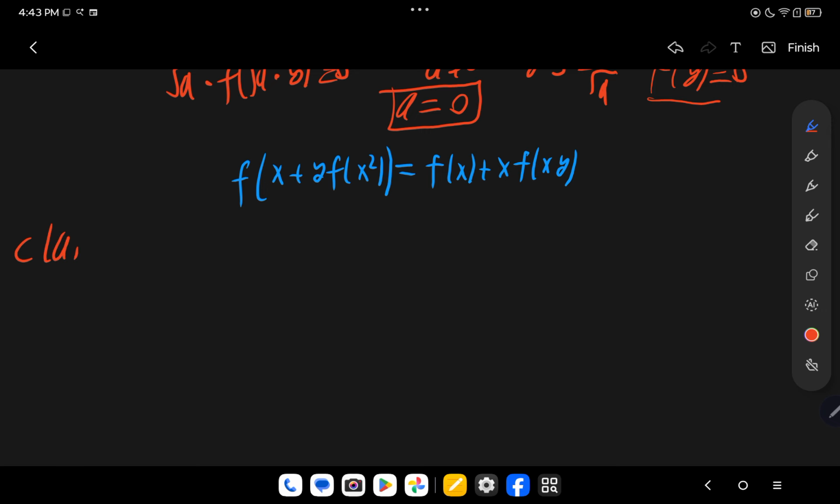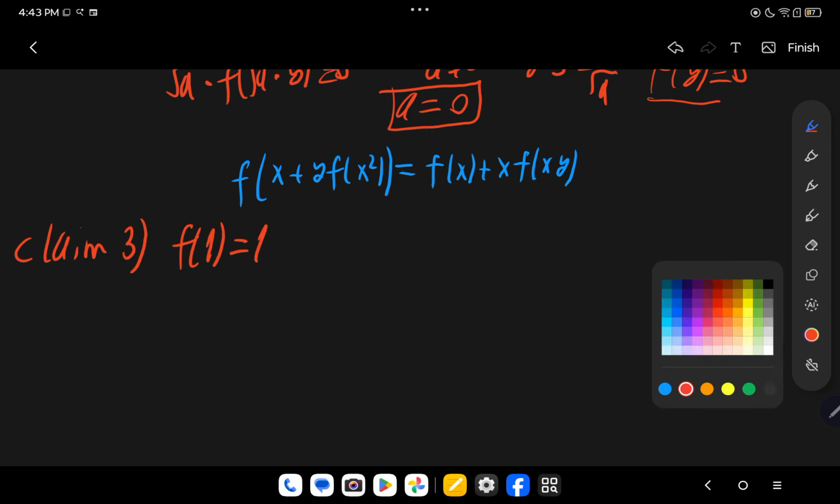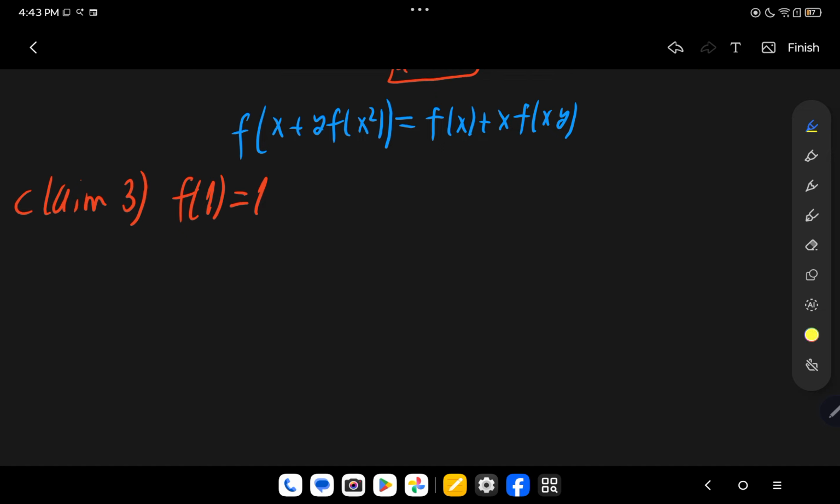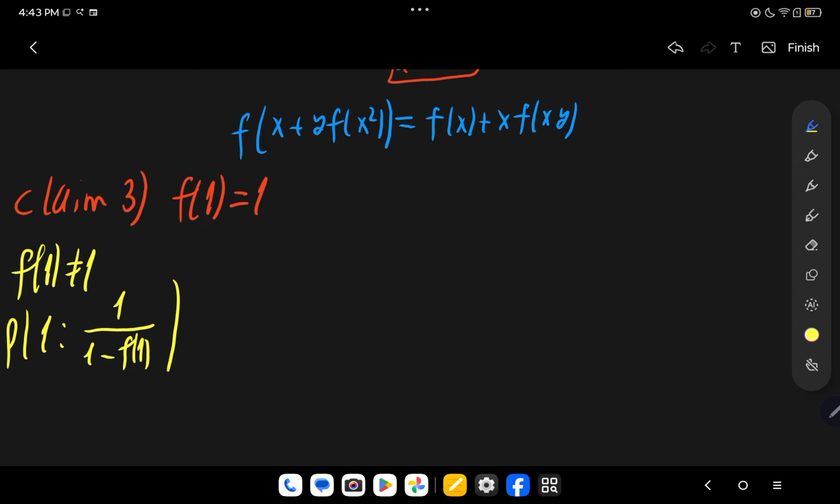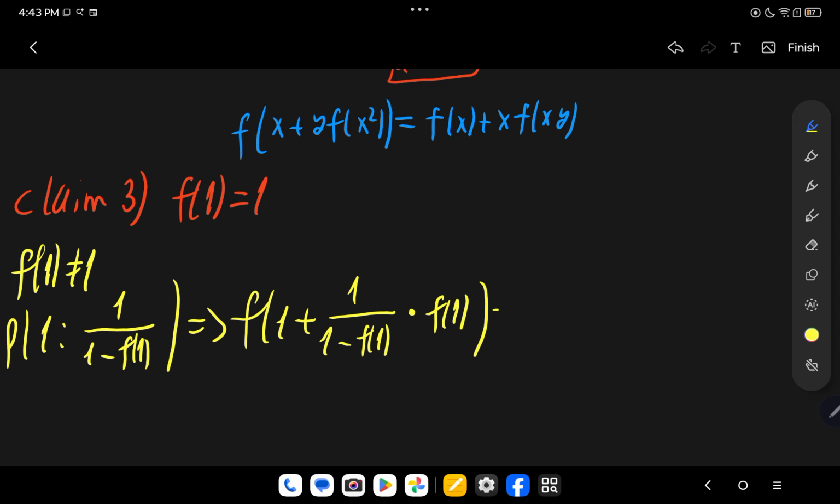Now for our claim 3, we will prove that f(1) is equal to 1. Let's assume that f(1) is not 1, so we can put this, because f(1) is not 1, and we will get f(1 plus (1 divided by (1 minus f(1))) times f(1)) is equal to f(1) plus f(1) divided by 1 minus f(1).